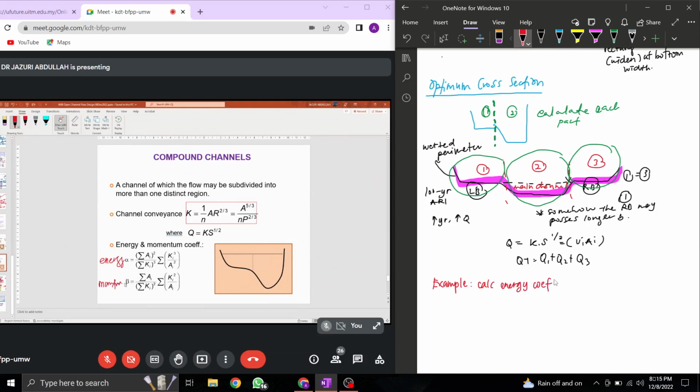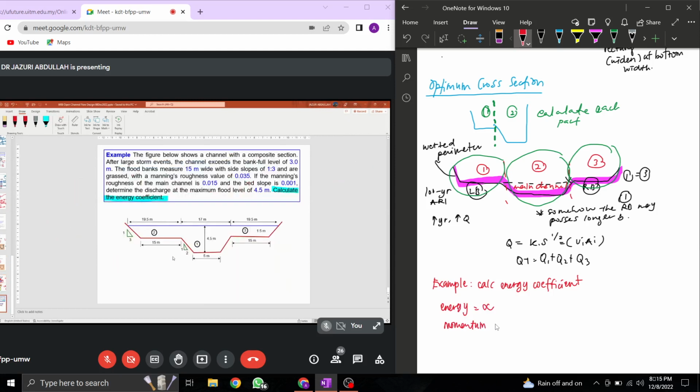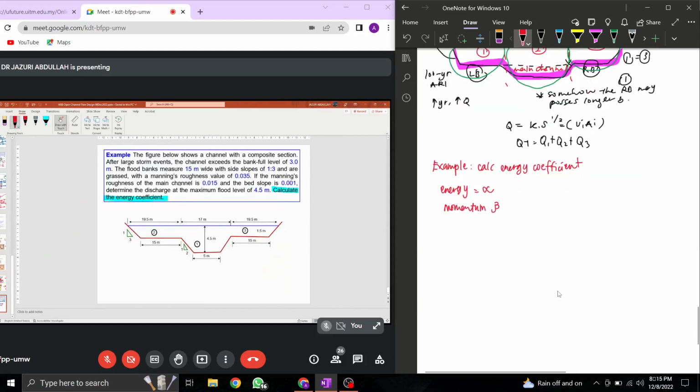For the energy, it is the summation of A, the summation of K, and the summation of K with A. That is the energy to calculate. And in this case you still have to calculate the Q as well, so Q total for the whole section. This is the example I want you to do. Any questions?